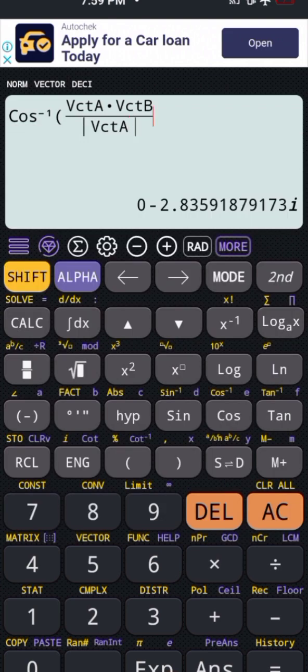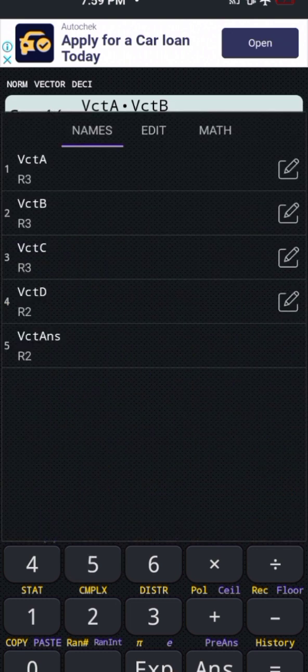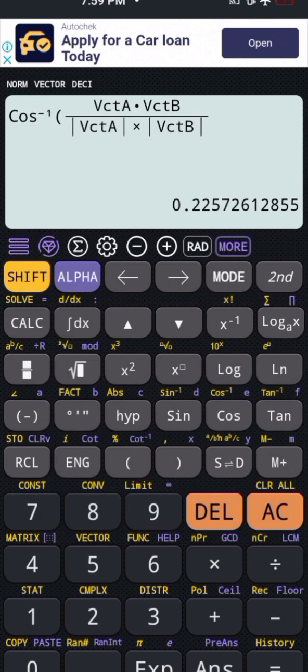It will give you the magnitude of A times the magnitude of B. Shift hyp, then press shift 5, 4. That will give you the magnitude of B. Then press equal to.